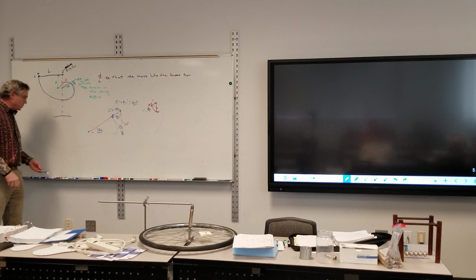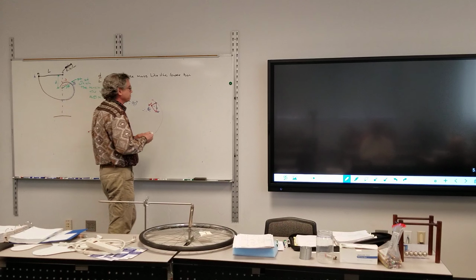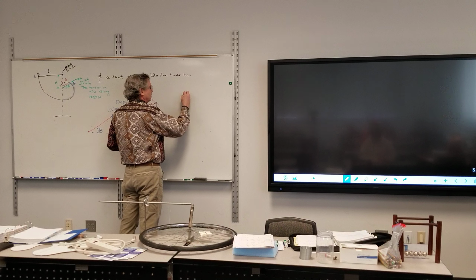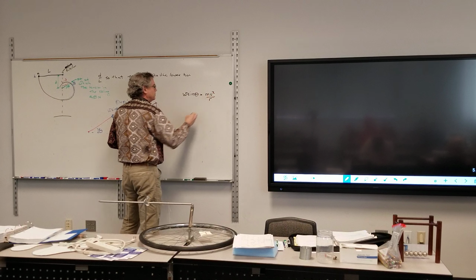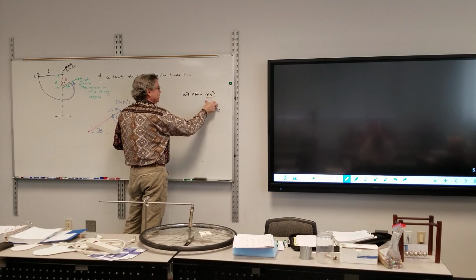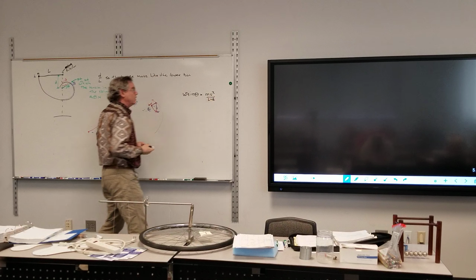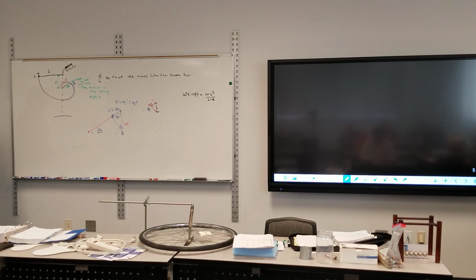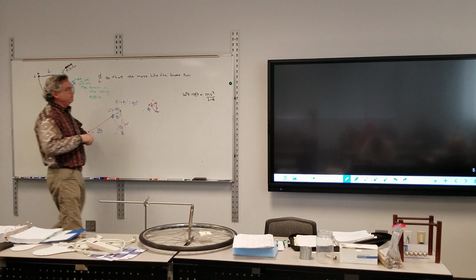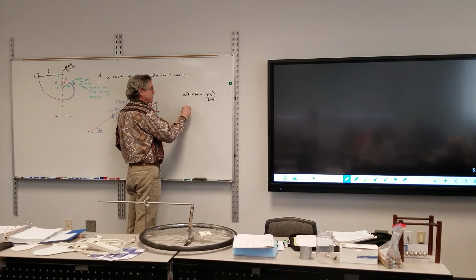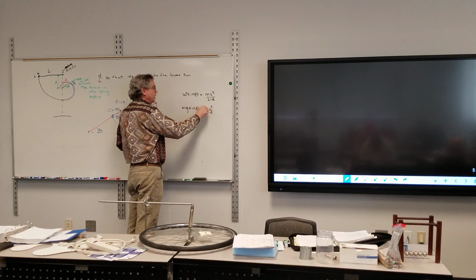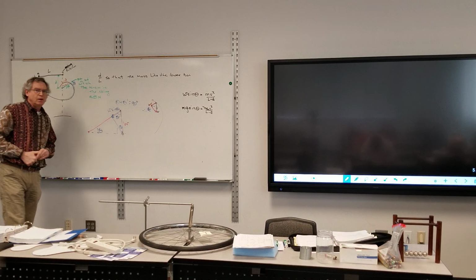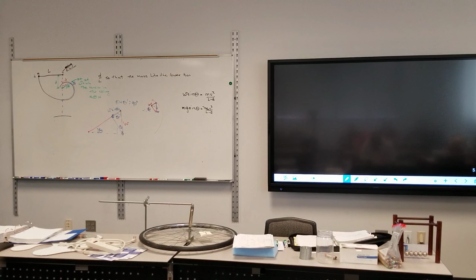So I have one relationship here. I know that W sine theta is going to be equal to mv squared over r, where r we've established is L minus D. We could take that one step further. W is mg, so we get mg sine theta equals mv squared over L minus D, and the mass cancels out. Now, in reality, the mass should not make much of a difference.